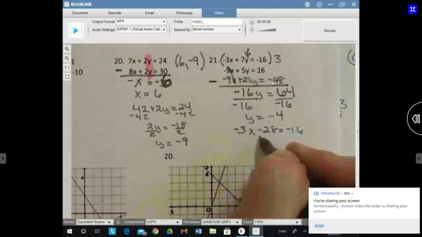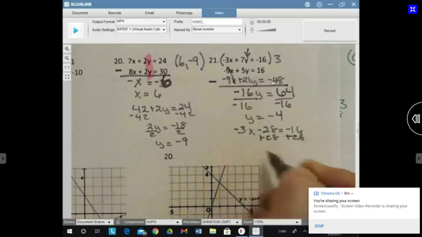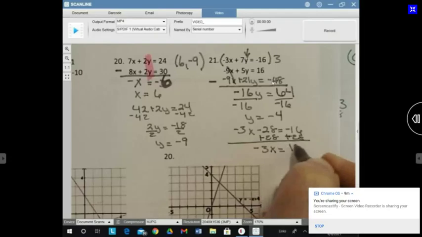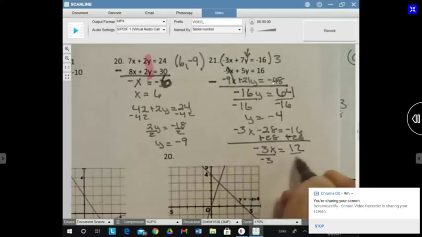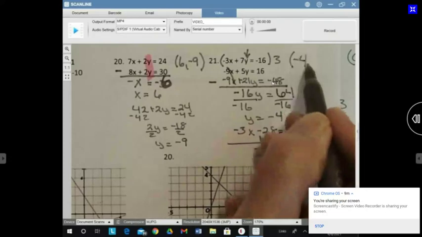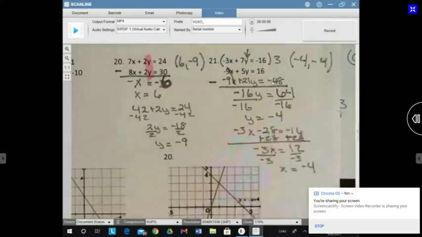Add that 28. Negative 3x equals, divide by that negative 3, and x equals negative 4. So my solution, both of them ended up being a negative 4.